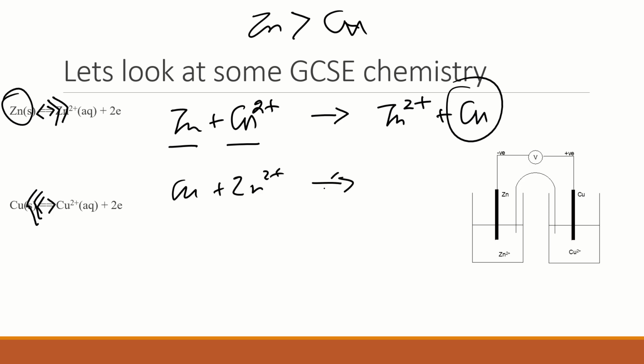Well, hopefully you would go no, and we can start to see the reasons why. It's all about the propensity of these things to either give up electrons, i.e. be oxidized, which is exactly what's happening to the zinc here, or the propensity to get reduced, which is what's happening to the copper 2+ ions down there.